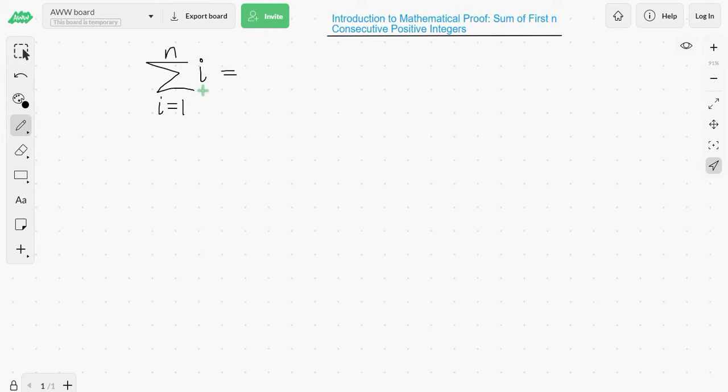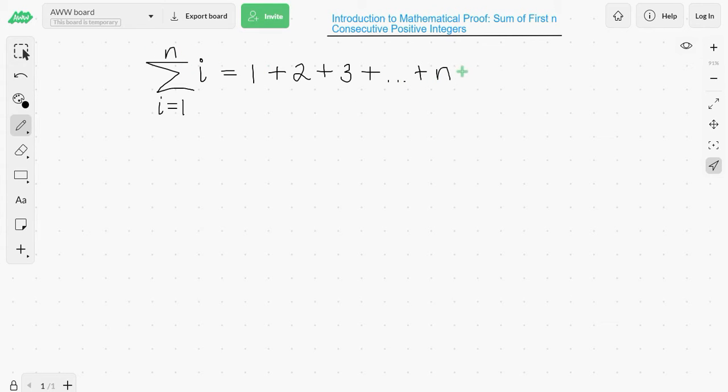If we go ahead and just plug in some terms, we'll see that we're getting 1 plus 2 plus 3 plus ... plus n. So we're plugging in our index i equals 1, then i equals 2, then i equals 3, etc. We're adding all that up, and then our upper index is n, so that's where we stop.